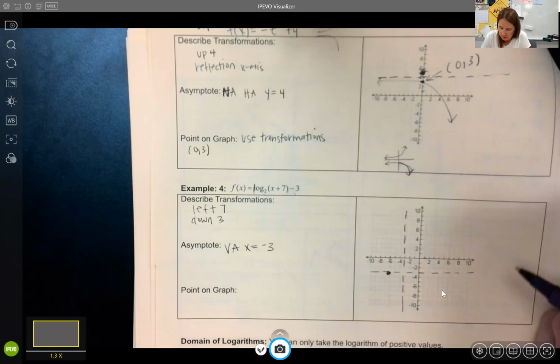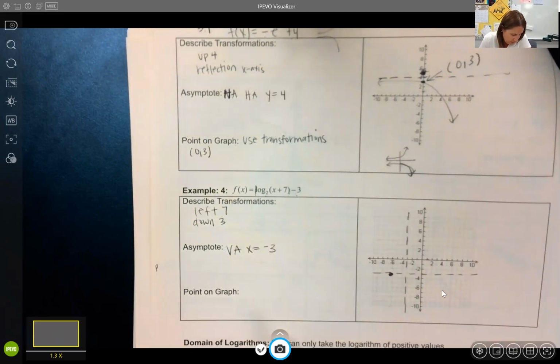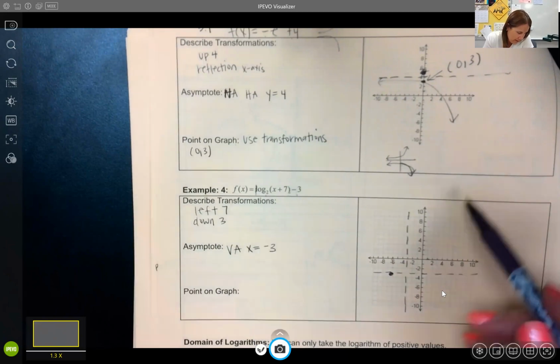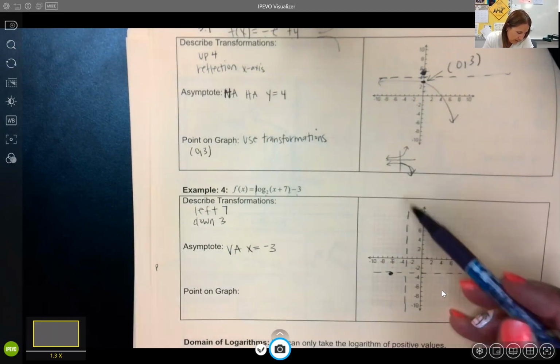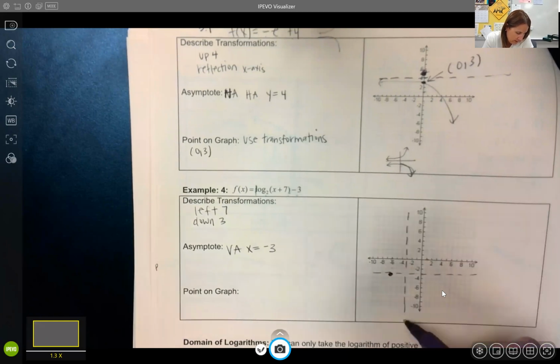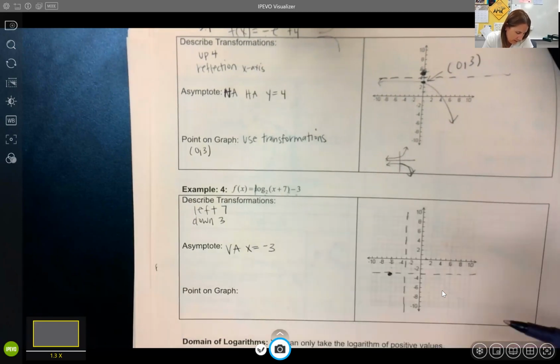So when we do this, our log is x equals, and it's a straight vertical line. And so our vertical line here is -3, like this. Then we're moving our graph 7 and 3, and then we can graph it from there.